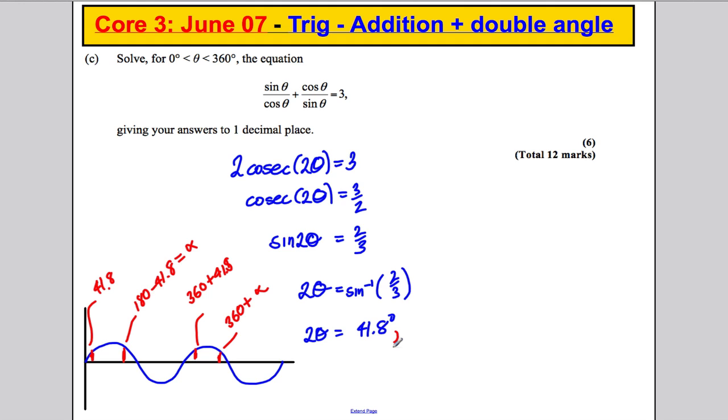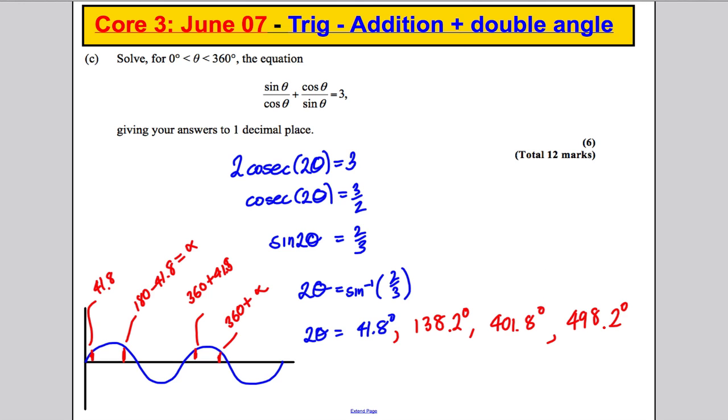So our next solution therefore is 138.2 degrees. Our last one's going to be 498.2 degrees, and the one in between is 41.8 plus 360, which is equal to 401.8.